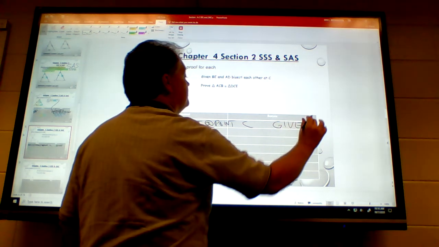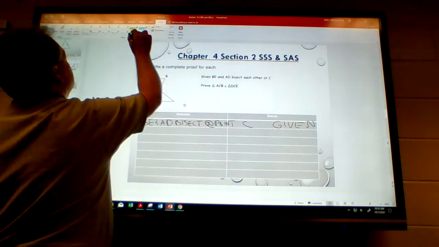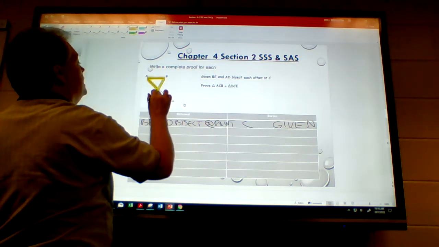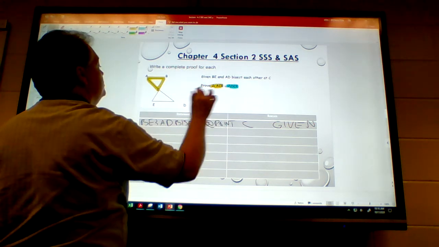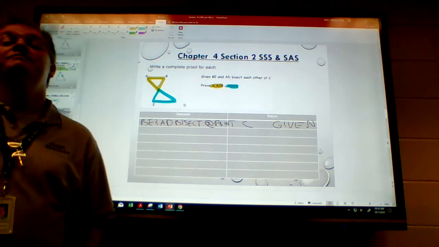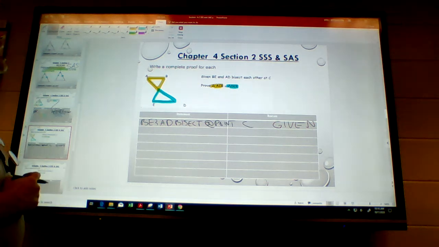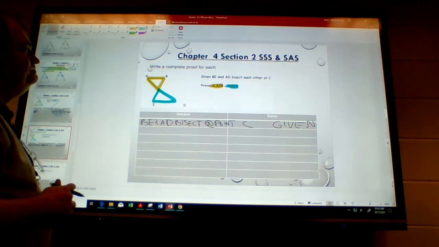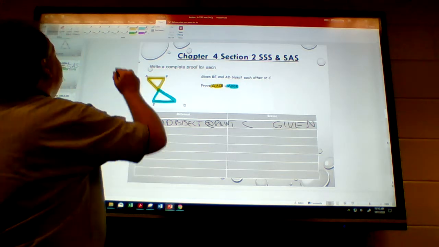And we're trying to prove that triangle ACB right here. And notice I'm highlighting that in yellow, and I'm highlighting this one in blue. I do that so I can show myself what I'm trying to prove. I'm trying to prove that those two triangles are congruent. Now, we know that BE and AD bisect each other at C. So what that means is this.